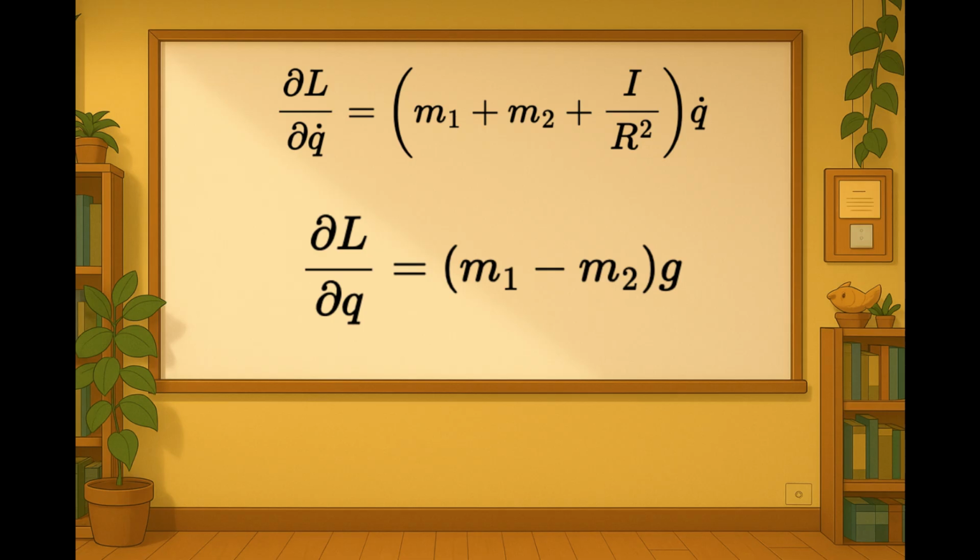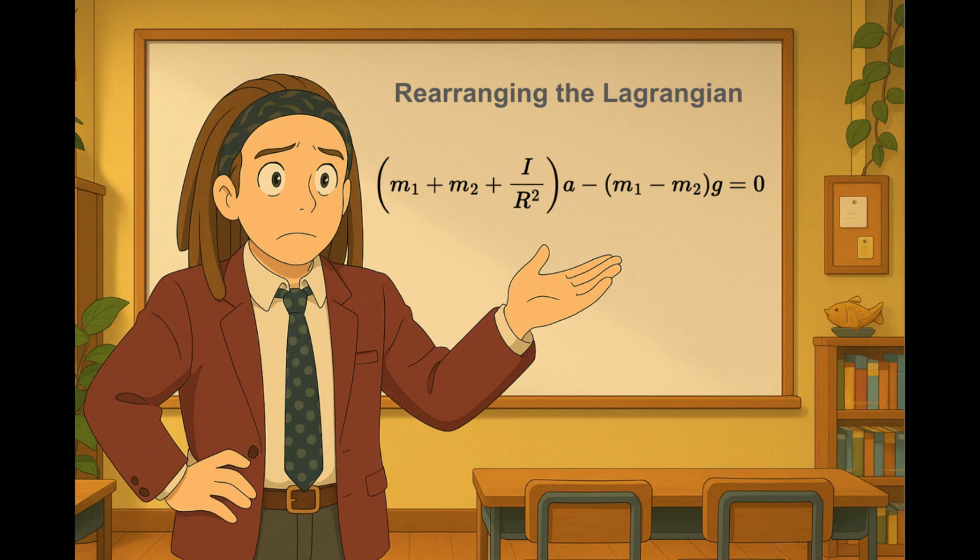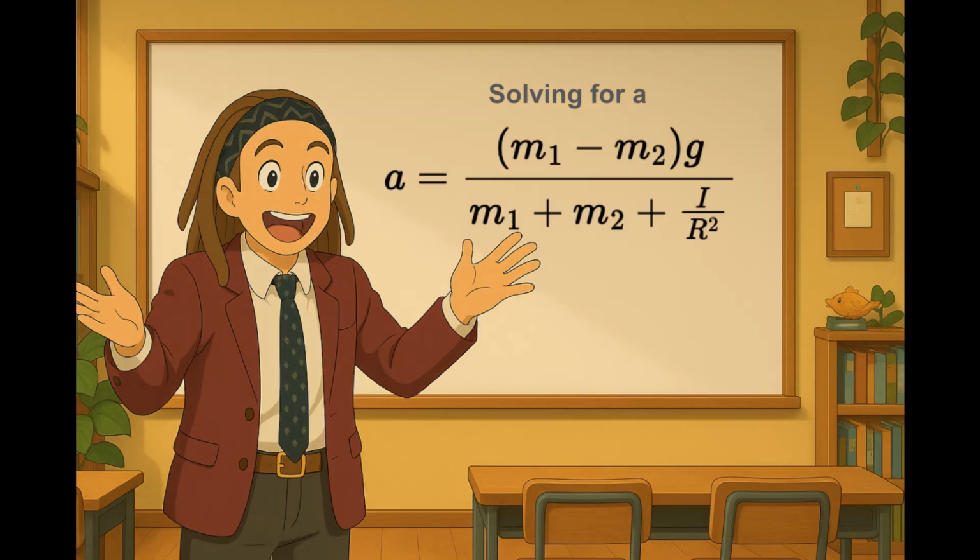Next, dL/dq equals minus (M2 minus M1) g. Substituting these back into the Euler-Lagrange equation, (M1 plus M2 plus I over r squared) a minus (M1 minus M2) g equals 0. Solving for the acceleration, a equals (M1 minus M2) g over (M1 plus M2 plus I over r squared).